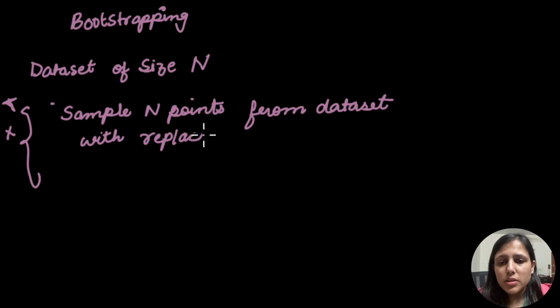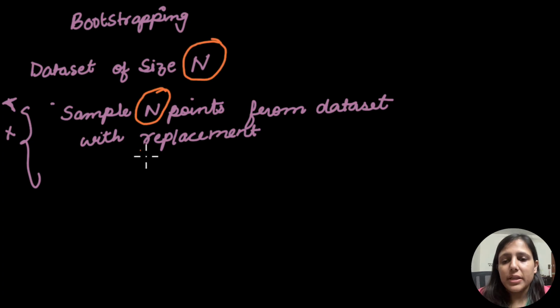So when we are given n data points, we'll sample n data points with replacement. With replacement is important here, because it means that some of the points might get repeated in this data set.